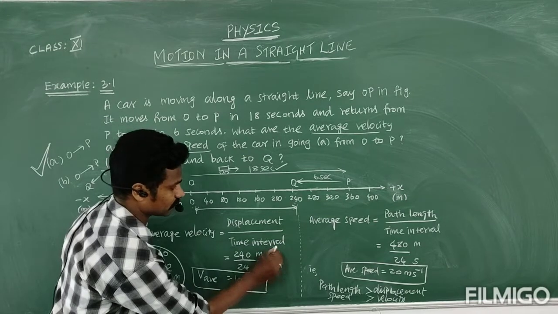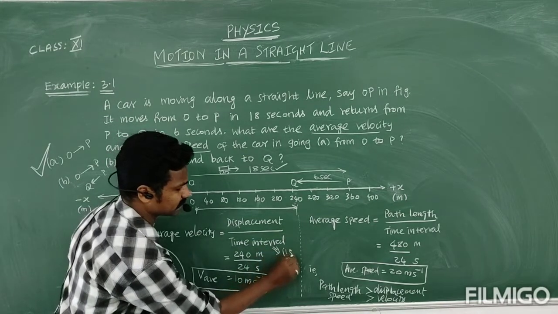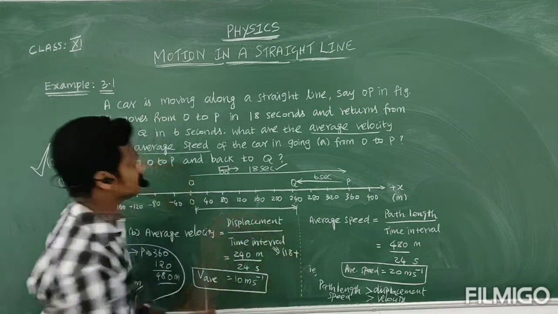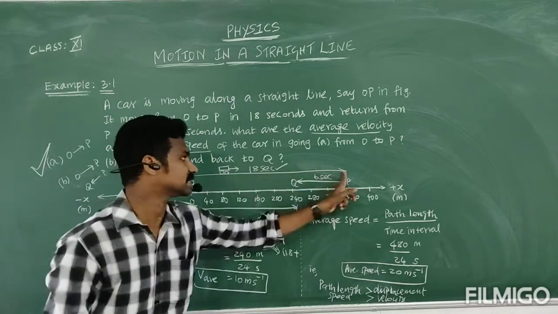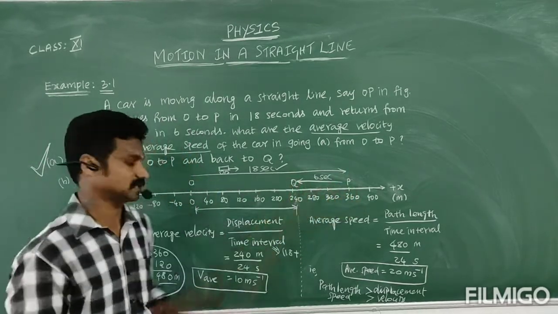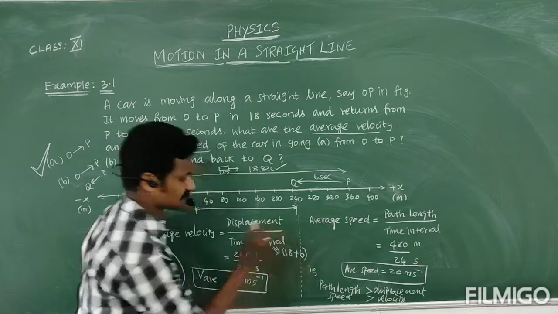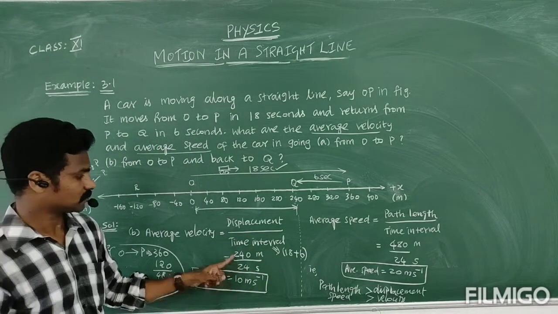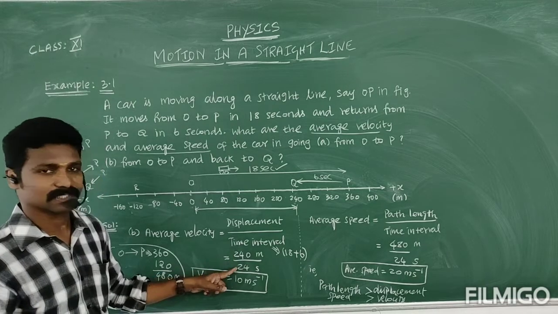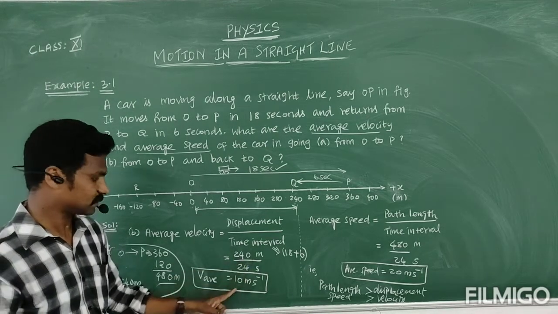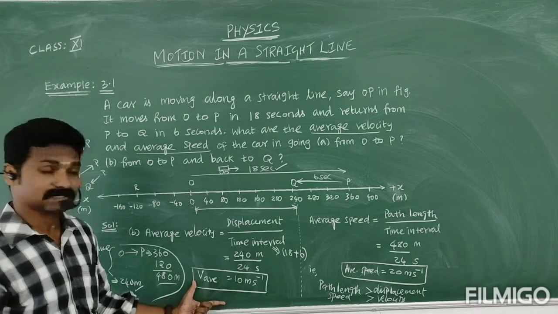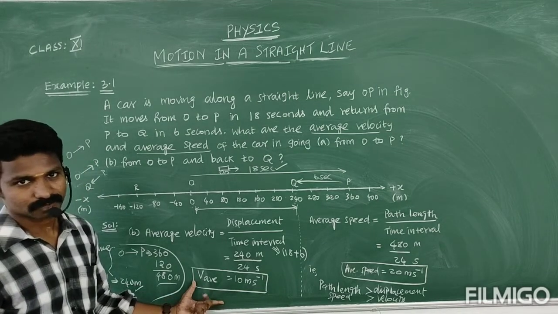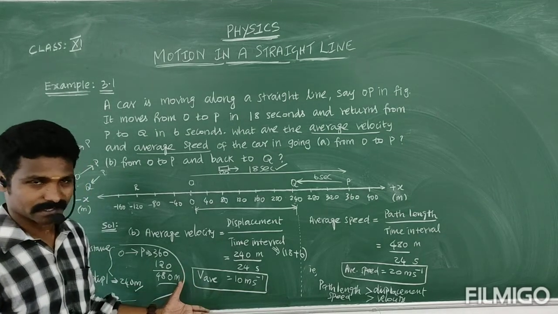The time from O to P is 18 seconds, and P to Q is 6 seconds, so 18 plus 6 is 24 seconds. 240 divided by 24 is 10 meters per second. So this is the average velocity. I hope you understand.